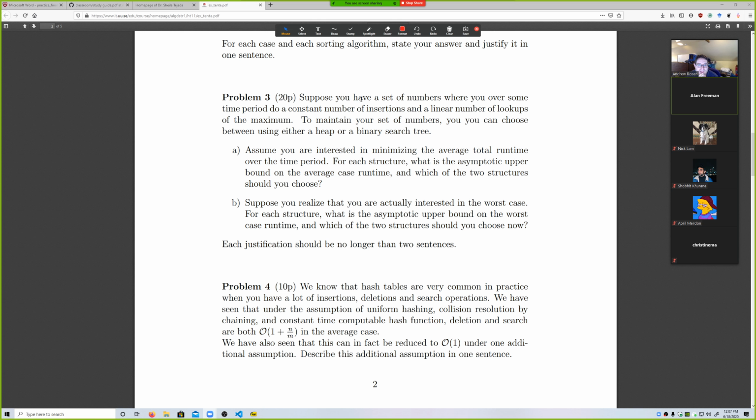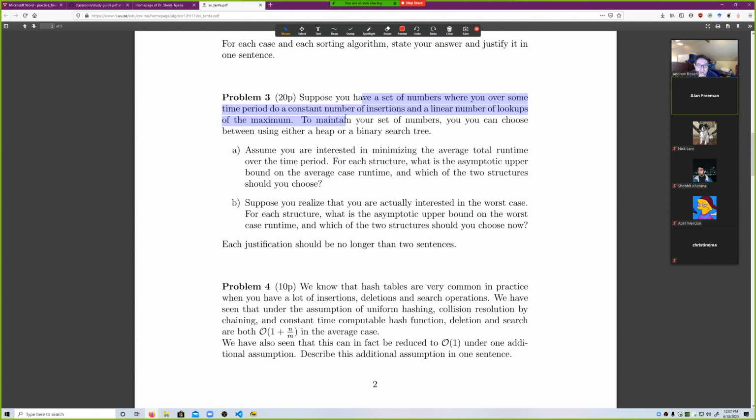Suppose you have a set of numbers where over some time period you do a constant number of insertions, so you add to this set of numbers, and a linear number of lookups of the maximum.